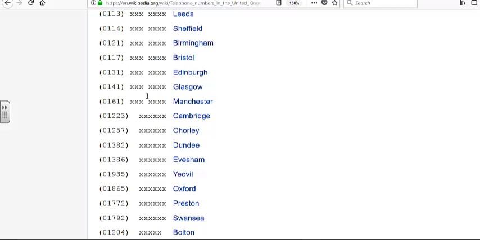For example, you live in Cambridge, which is where Cambridge University is. You would dial 01223, and then there would be a 6-digit number within Cambridge. It's kind of like our local number, 962 whatever.